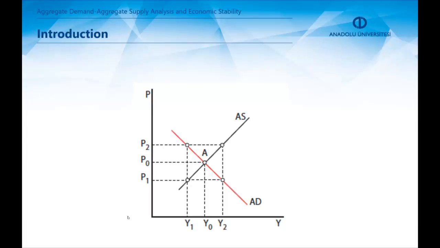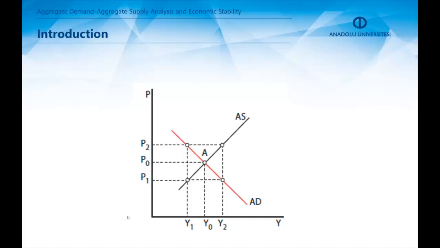So the introduction basically says that, of course, the economy is a really complicated structure. So in economics, at this level, using these figures, we try to understand the most important or core logic of the economy.